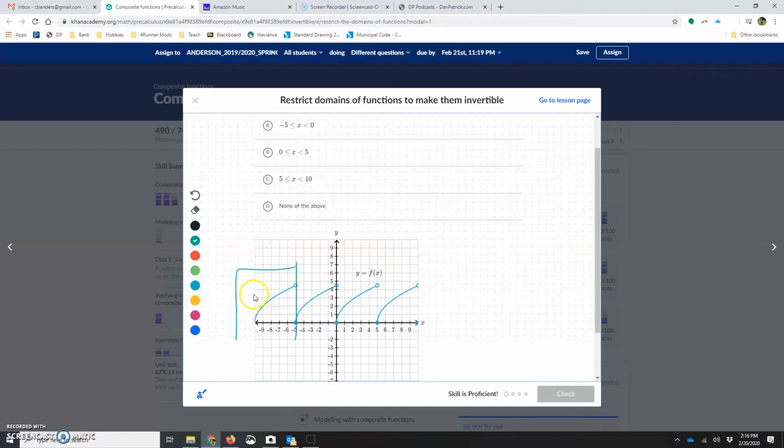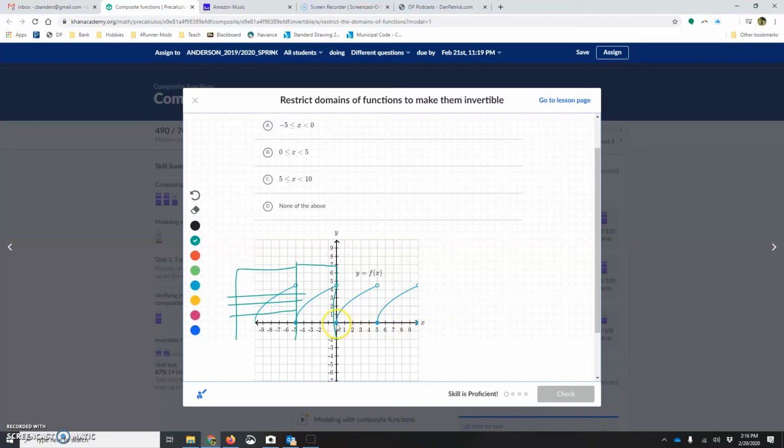Well, if we only care about what's in this box, this is a function. This passes the vertical line test. And we can make another box here. So we're going to restrict the domain, which is the x values, and we're saying, well, from 0 to -5, this is a function. And from -5 to -10, this is also a function. From 0 to 5, function. And from 5 to 10 is a function.